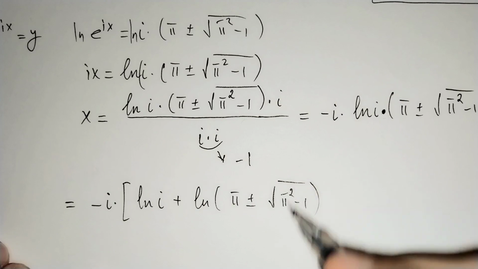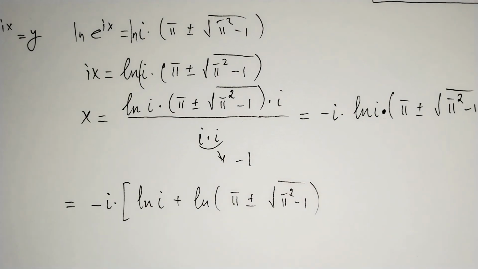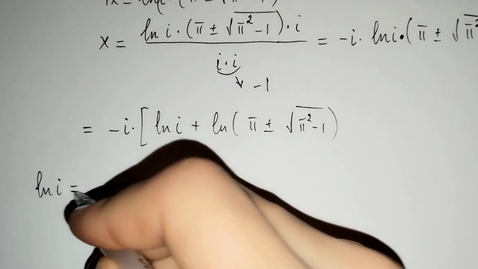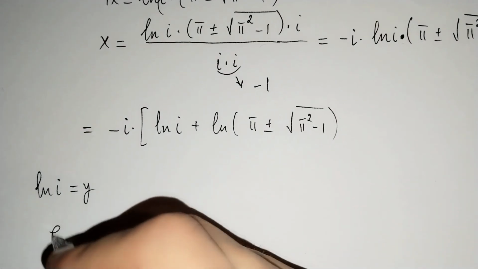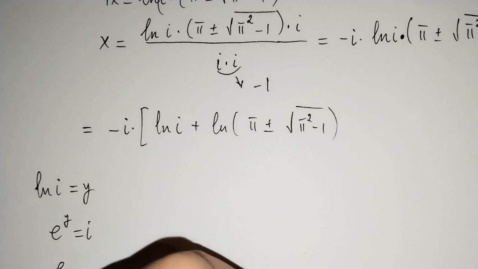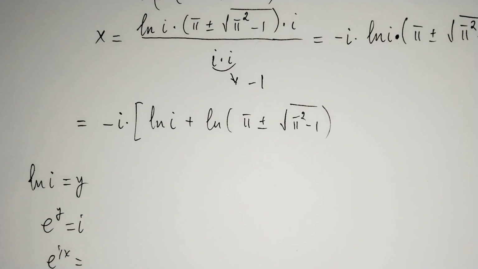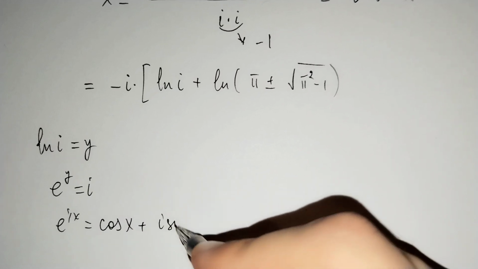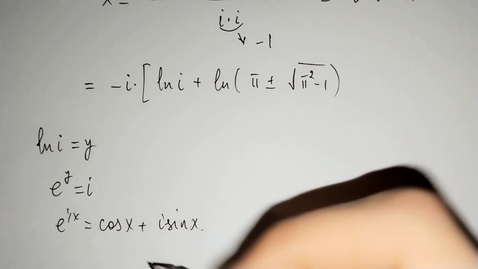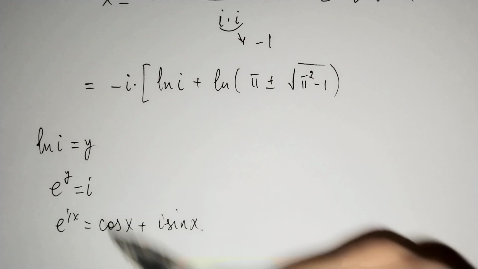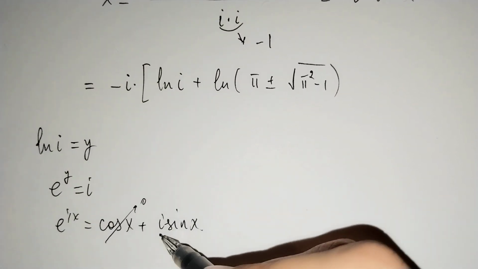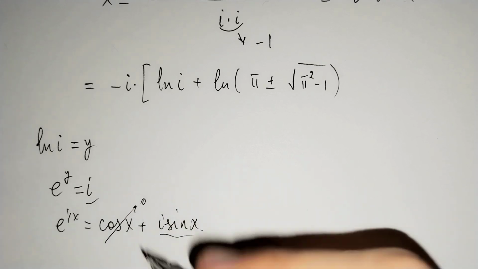This is just a number, and we should find ln i. If we think that ln i equals y, and e power y equals i, and e power ix, we know from complex numbers, equals cosine x plus i sin x, you can see that the first equation's right side has no real part. That's why cosine x should equal 0 and i sin x equals i.